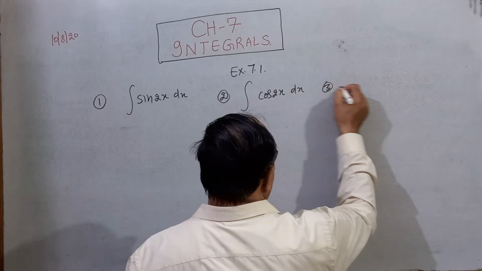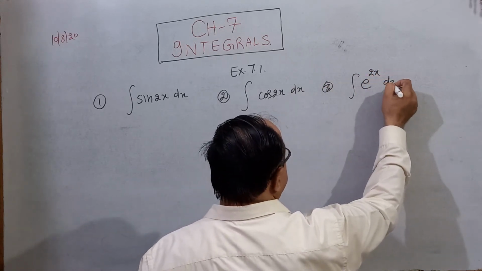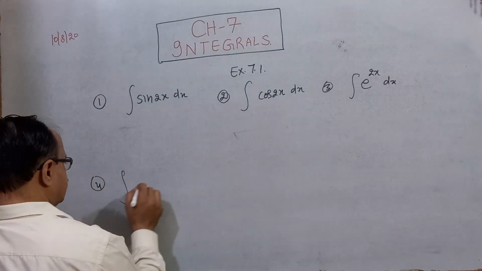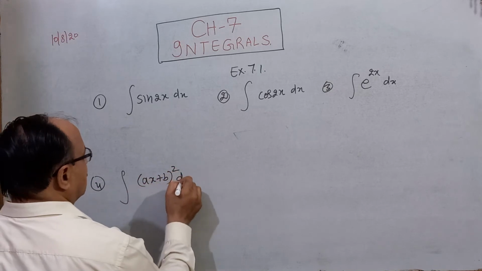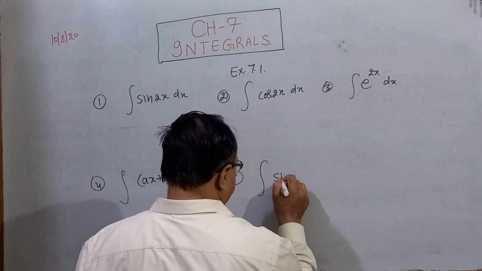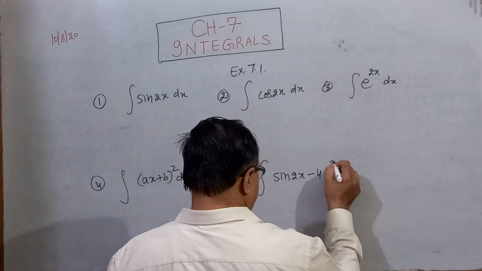Third, integration of e to the power 2x. Fourth, integration of (ax plus b) whole square dx. Fifth, integration of sin 2x minus 4 e to the power 3x dx.